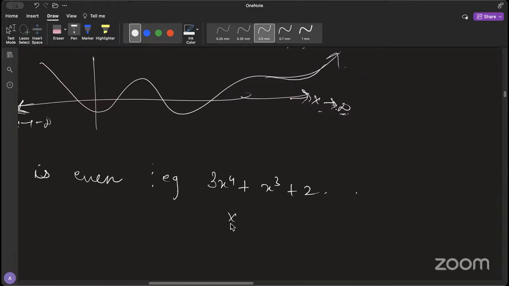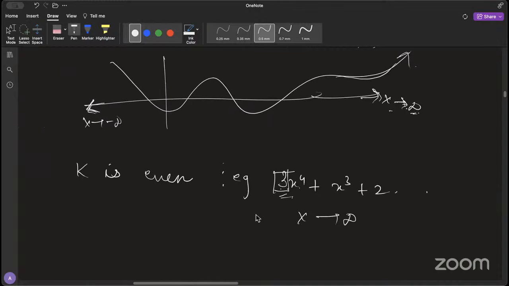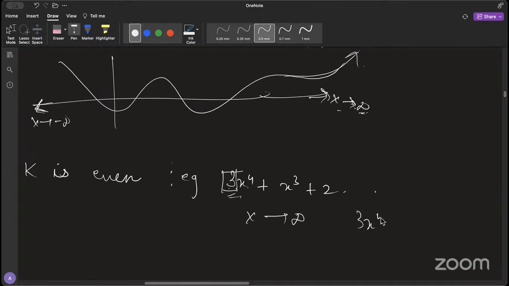Now if your x tends to infinity, you only have to check the sign of the coefficient of the highest power. So you have to only check this thing. And since this is positive, that means 3x to the power 4 plus x cubed plus 2 should tend to infinity, right?